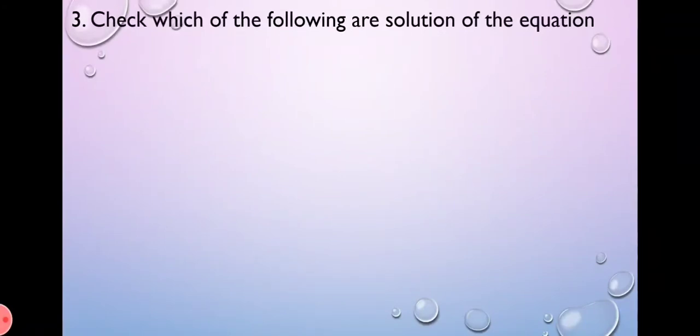Question number 3. Check which of the following are solutions of the equation x minus 2y equal to 4 and which are not. Here some values of x and y for the equation x minus 2y equal to 4 are given, means some pairs of solutions are already given, which we have to cross-check whether they are solutions of the given equation, that is x minus 2y equal to 4, or not.